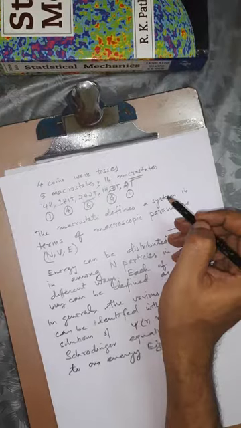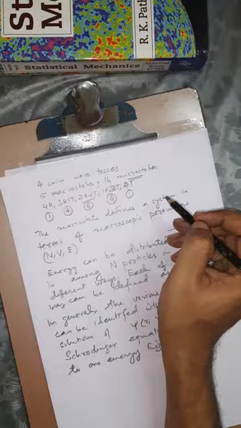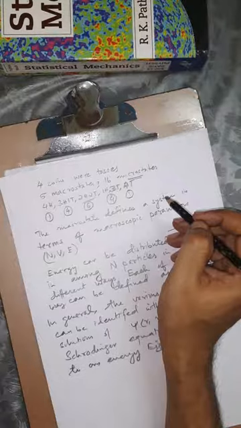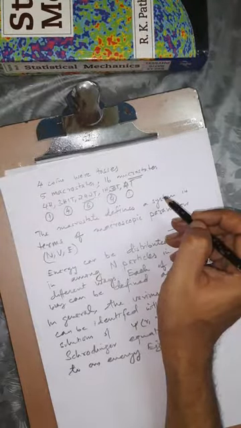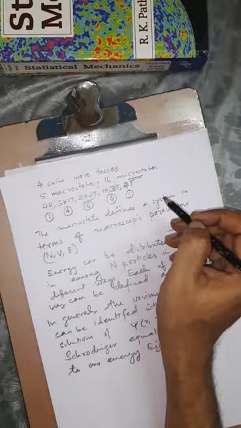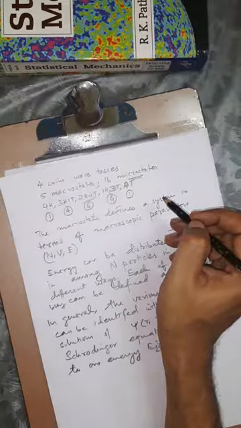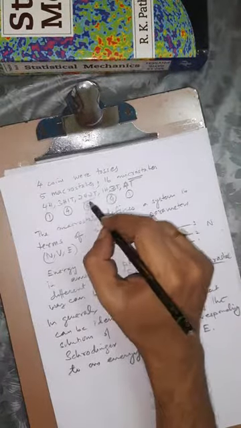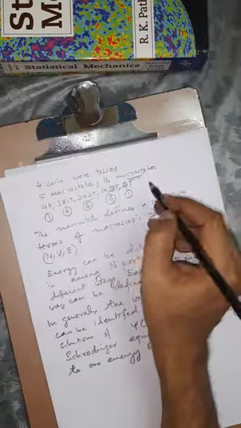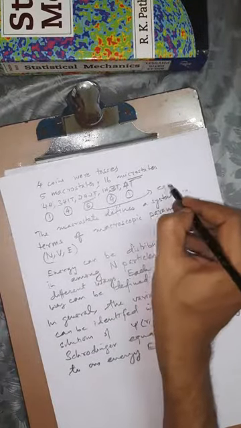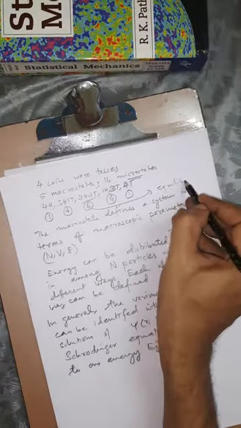Because a system will have its equilibrium macrostate corresponding to that situation which is having the highest number of possibilities or highest number of microstates. So here 2H2T is the one having the highest number of microstates, and therefore I can tell that this will be the equilibrium state.